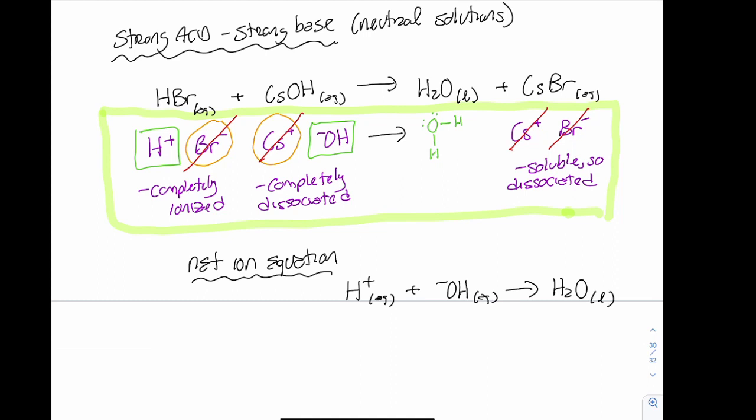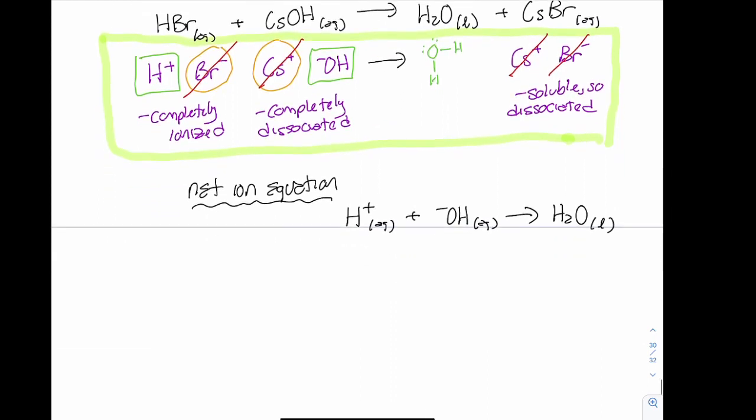And then we did say earlier in this chapter that protons in water don't really exist. That proton is actually going to bond to water to produce a hydronium ion. So the better way to write this is to write H plus as H3O plus, because that's what a proton in water does. This is an aqueous solution.